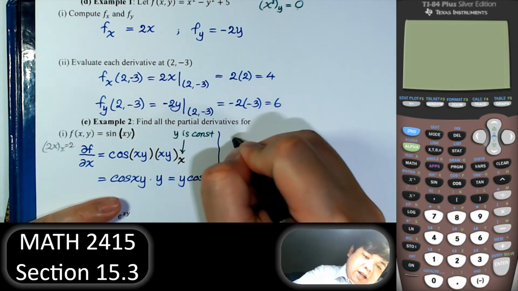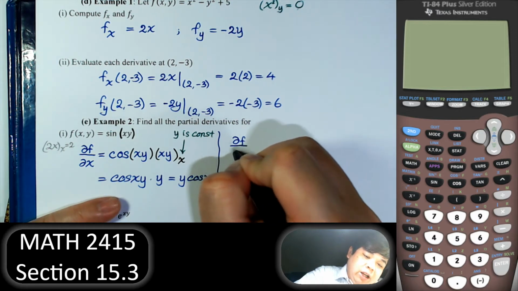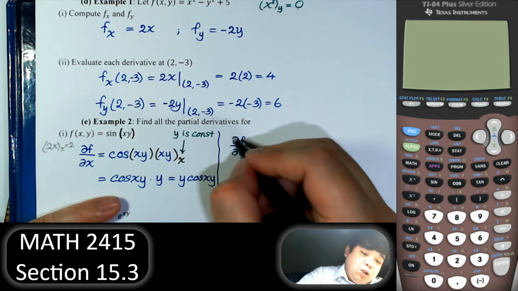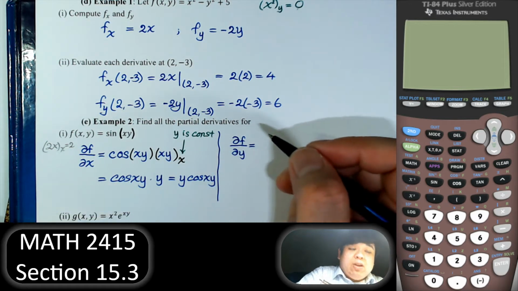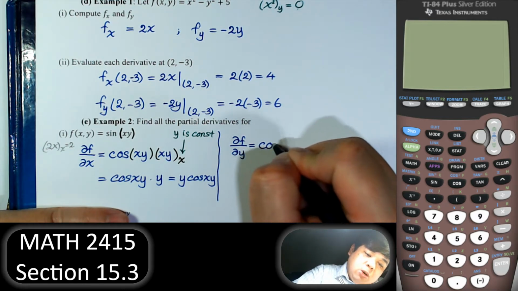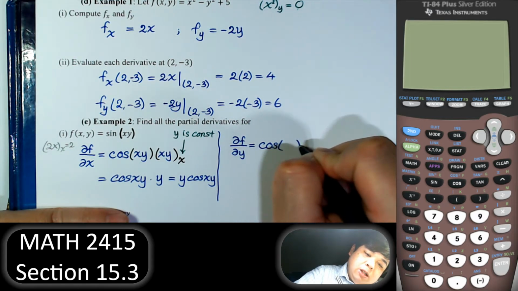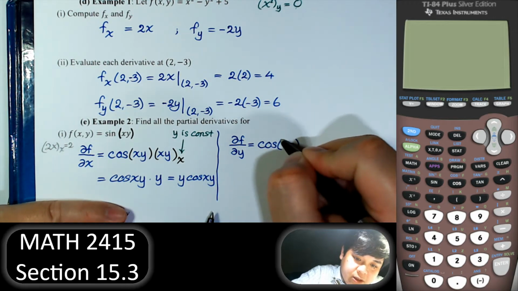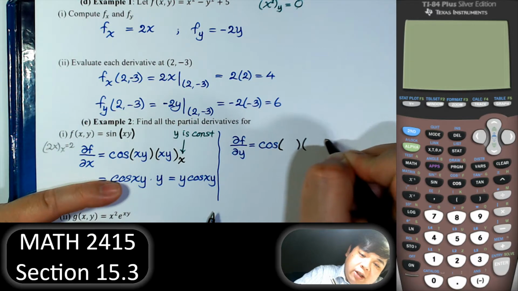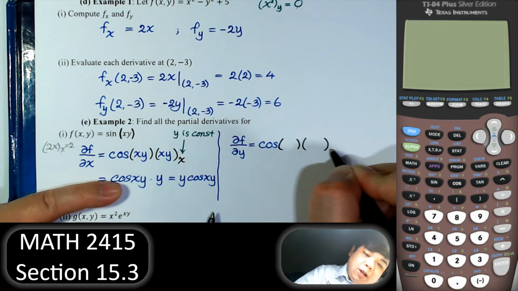Right, next, derivative with respect to y. By the way, I just switched the notation for no reason, just to demonstrate that you can use any notation. Similarly, this time with respect to y, derivative of sine is cosine. And then the derivative of the inside, this time with respect to y.